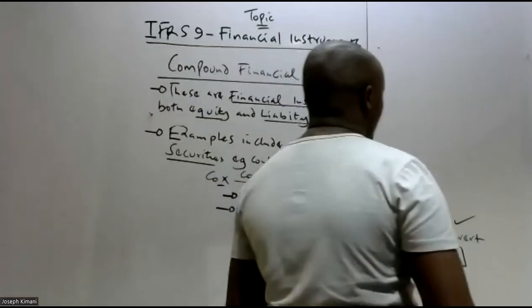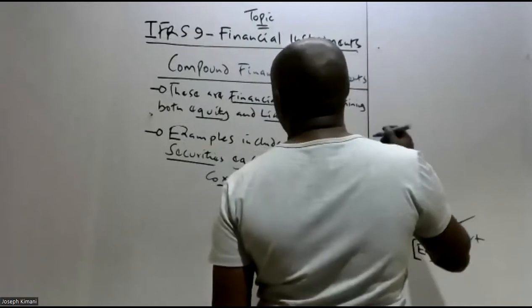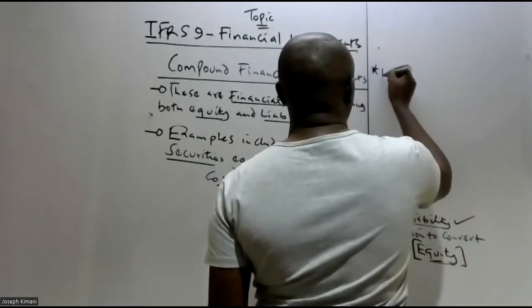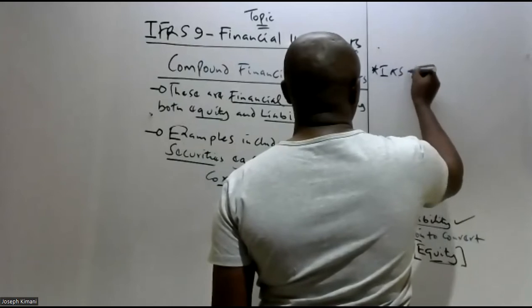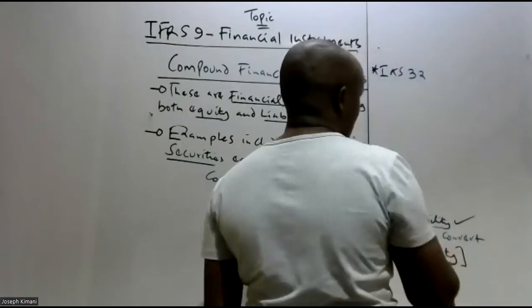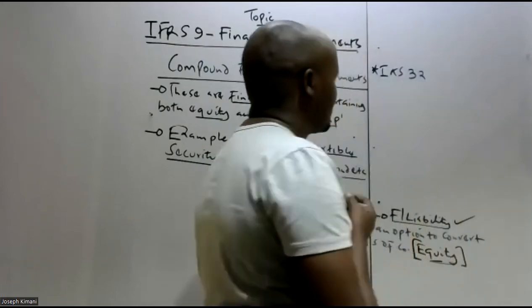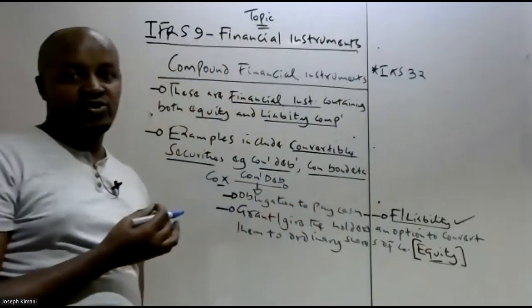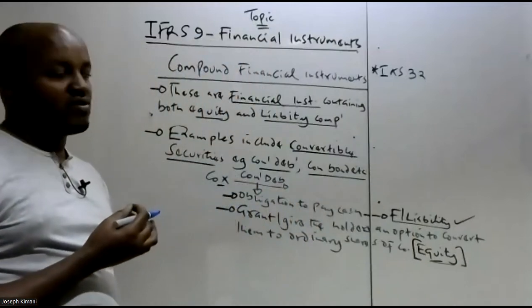They are accounted for in accordance with IAS 32, International Accounting Standard number 32. IAS 32 basically governs how this compound financial instrument should be accounted for.